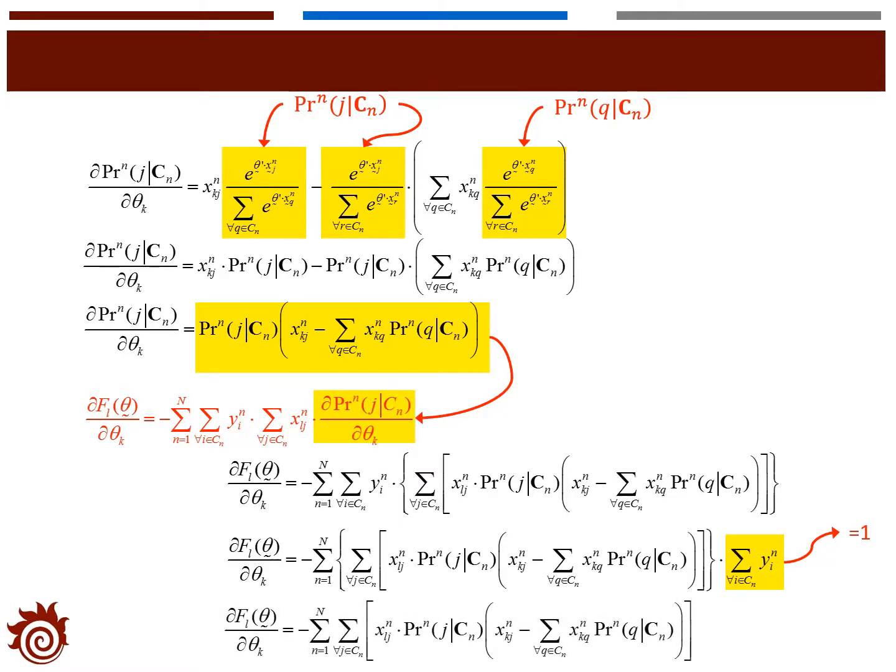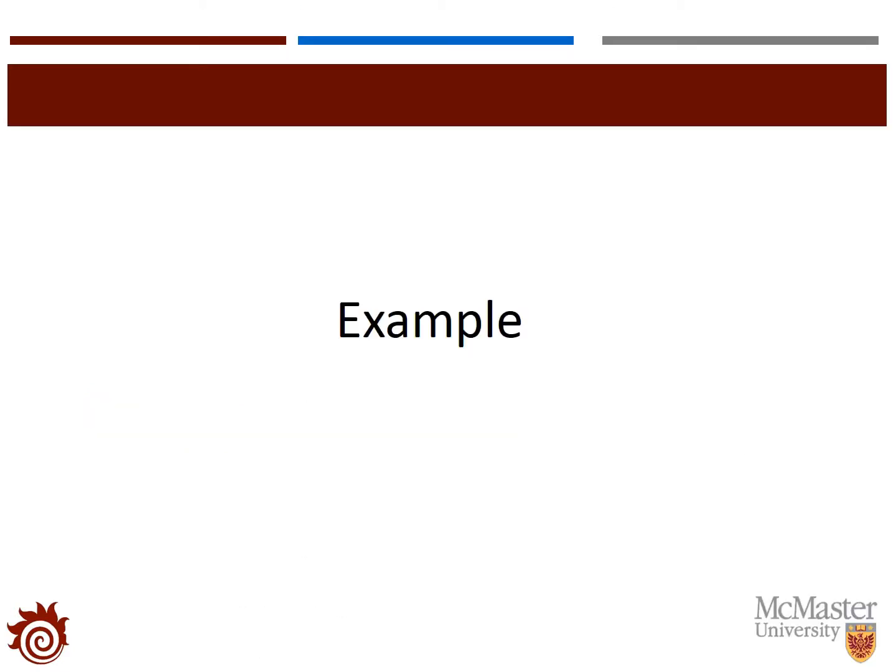Then we can discard this term. And this will give us the final expression for partial FL over partial theta K. For now, we have completed the analysis of the MNL estimation. And then we will see one example about using the method to estimate the parameter values.